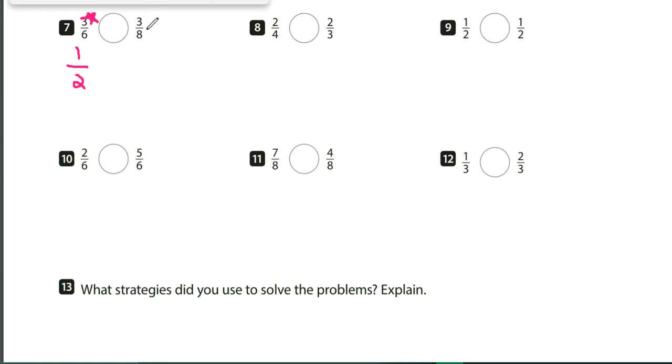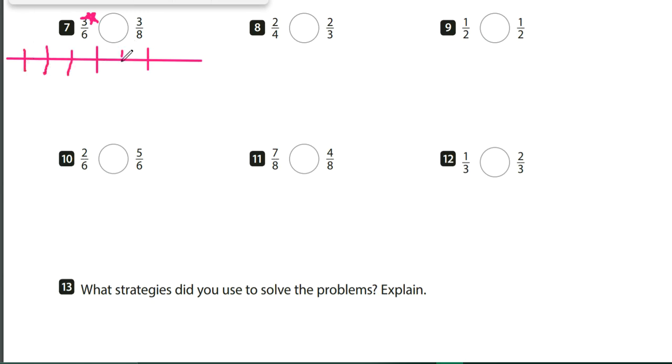3/8. I don't think that that's having half. I'm going to check it because I know that half of 8 is actually 4. Let me move my 1/2 so that I have a little more room to work this out because it's going to have 8 pieces. There we go. So that would be half, fourths, and then each one in half again.